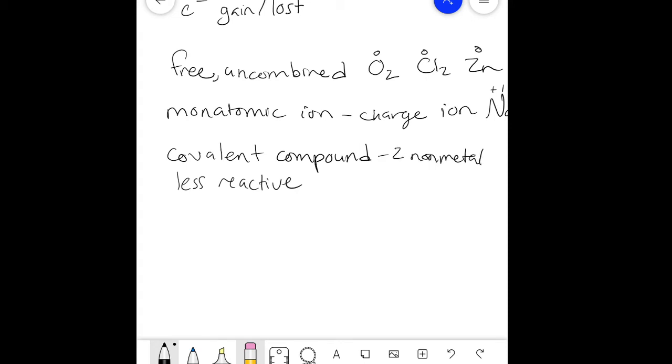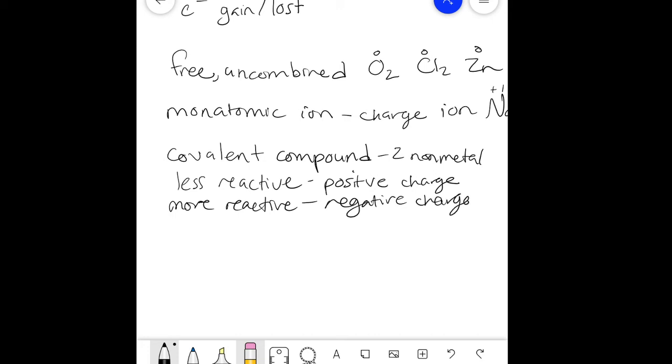If you have that, the less reactive one is going to get the positive charge, and then the more reactive is going to get the negative charge, because you have to have a positive and a negative.